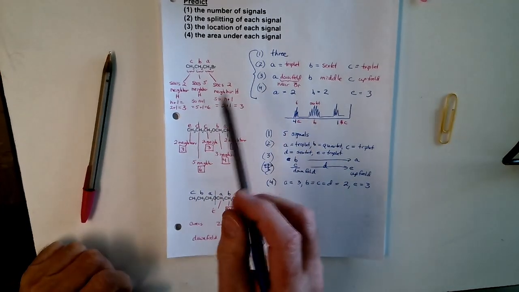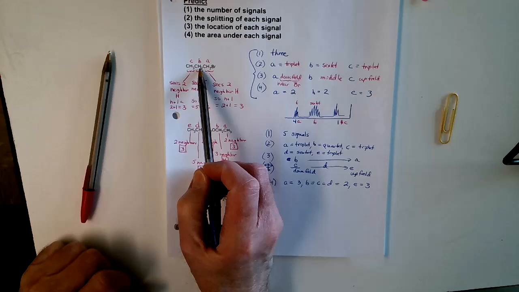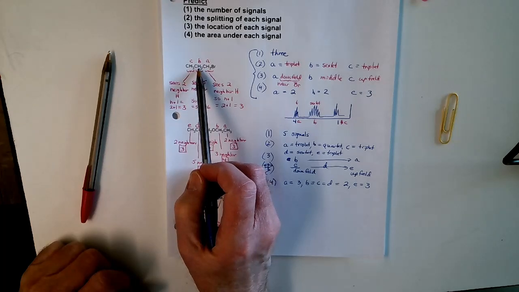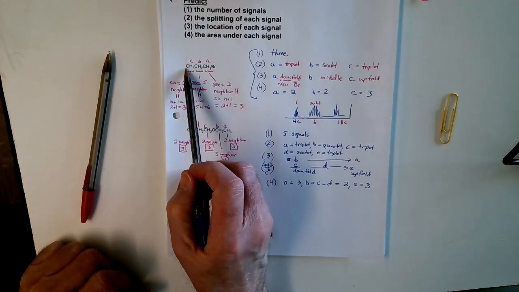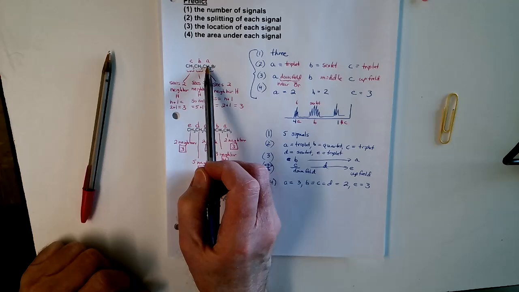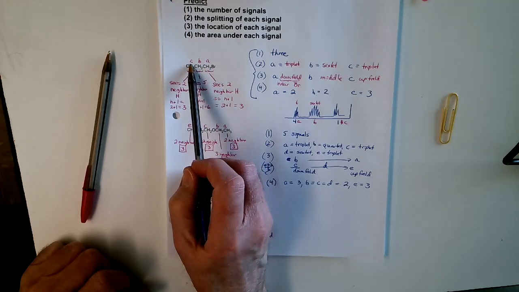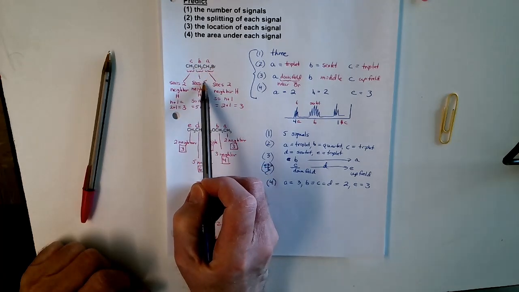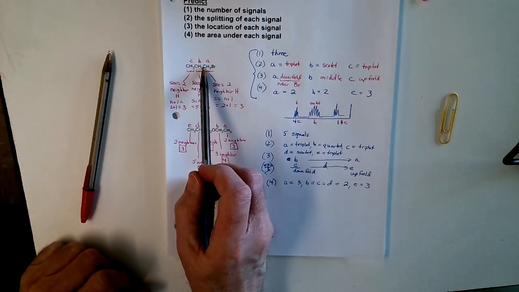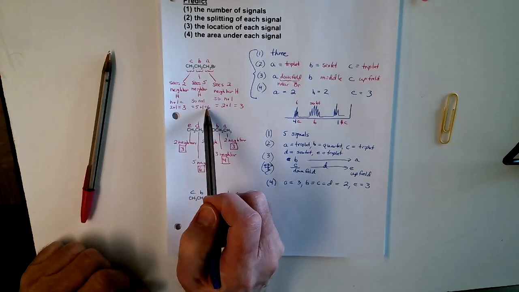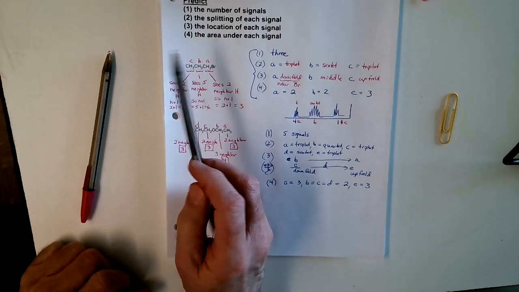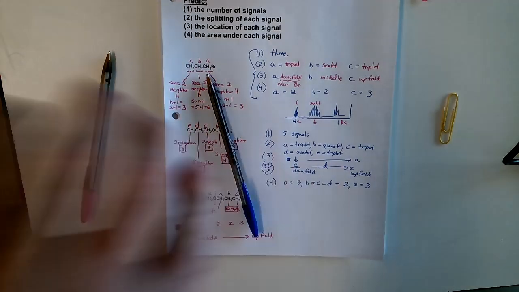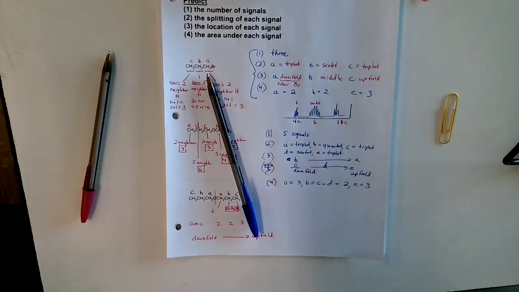Okay, so you're looking at, let me pick out B. You look at all the neighbor carbons, there are 2. There's one on this side, one on that side. That one has 2. That one has 2. So as B looks out, it sees a total of, I'm sorry, 5, 3 and 2. 5 plus 1 is the 6 lines. So the neighbors are the next door carbons within the molecule itself.